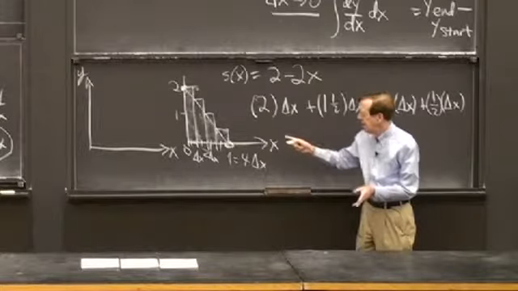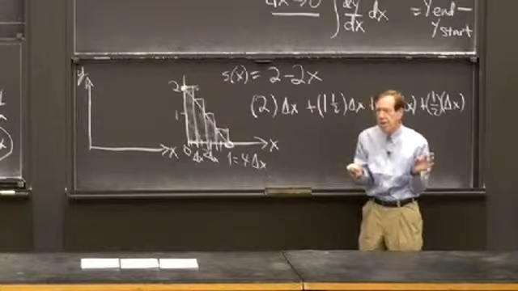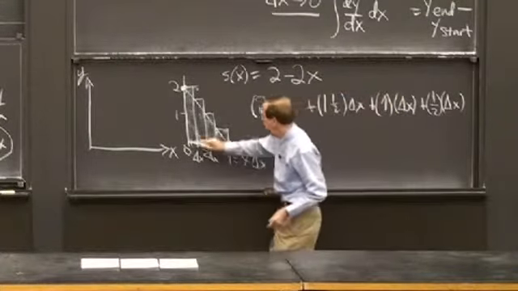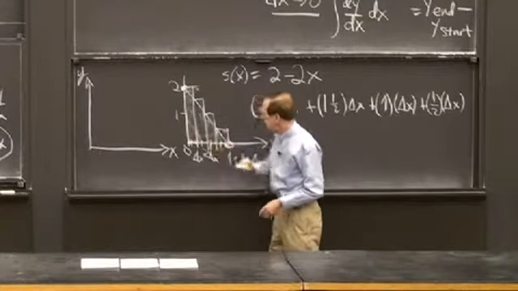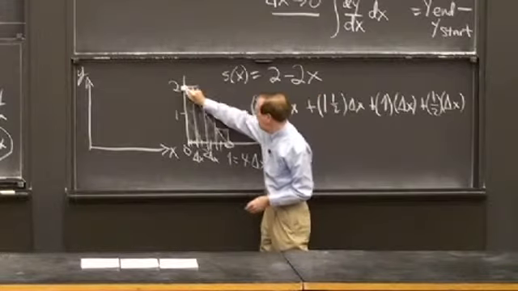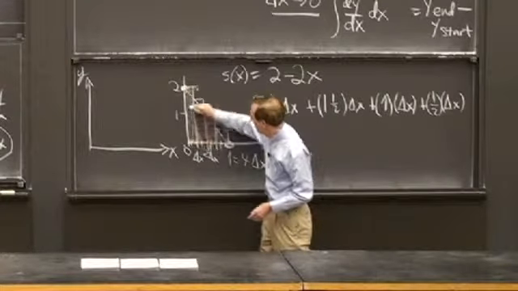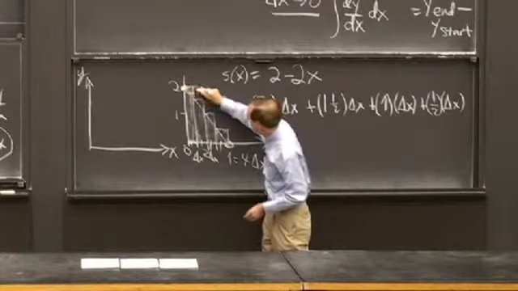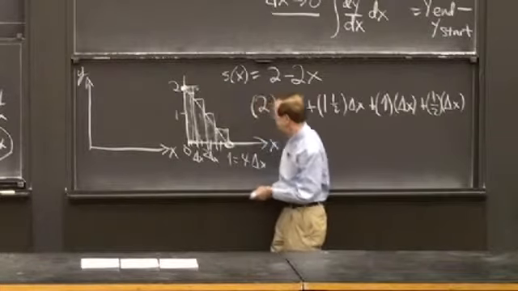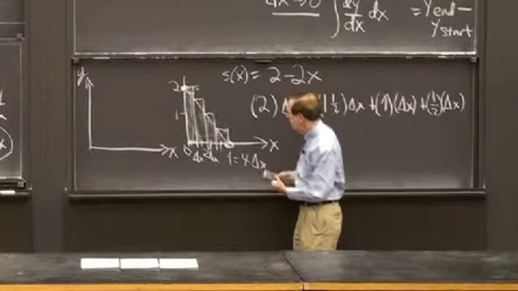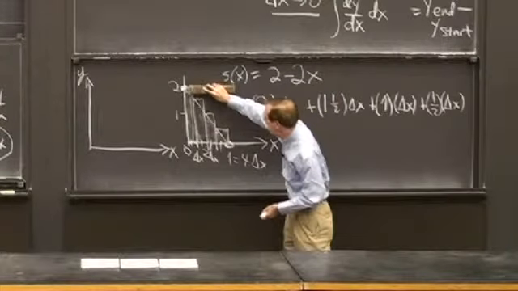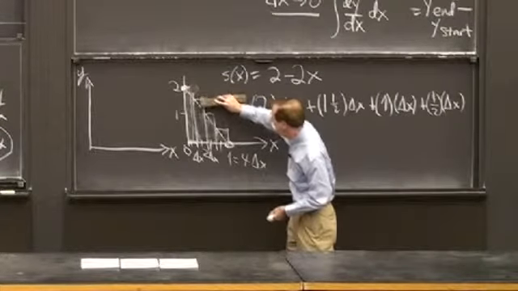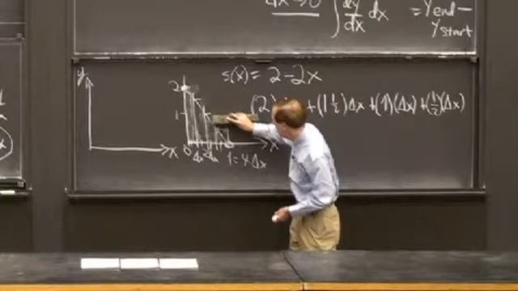Now I'll have a different picture. Can you see what this picture is doing? Now, over the first little half of the old step, I am up here, but then I drop to here. Do you see that? A little bit got chopped away, a little bit got chopped away. Where is it gone?